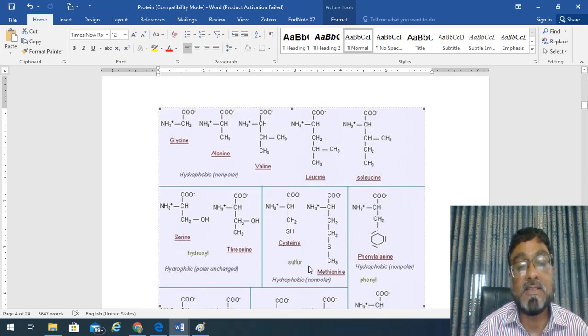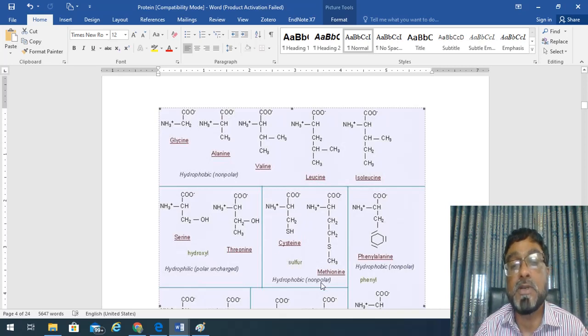And again, these are the hydrophobic type and non-polar. That is not contributing polarity. Here we were looking at amino acids containing polarity, but here there is no polarity. It's a non-polar amino acid.